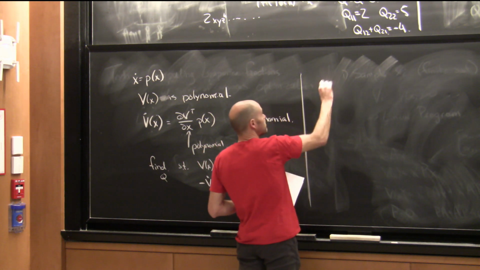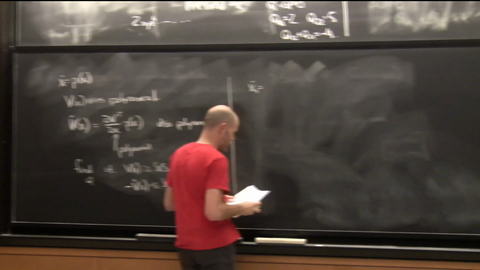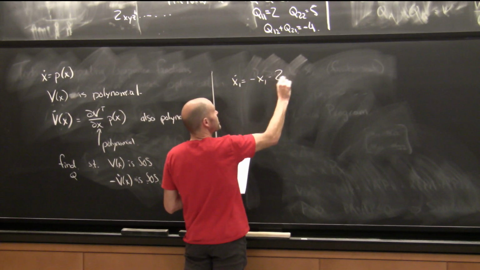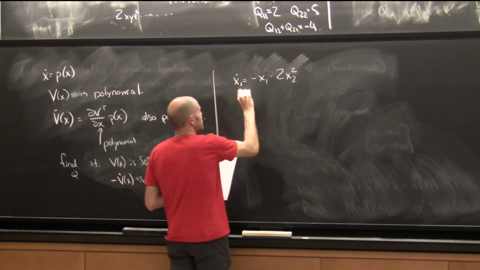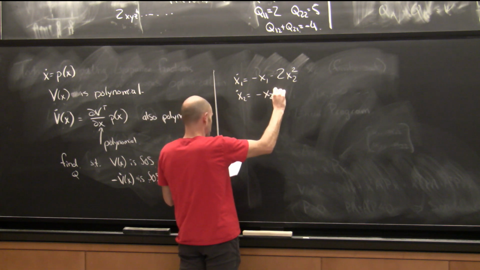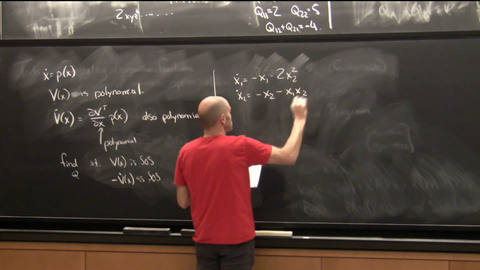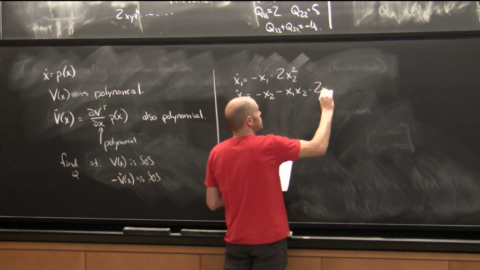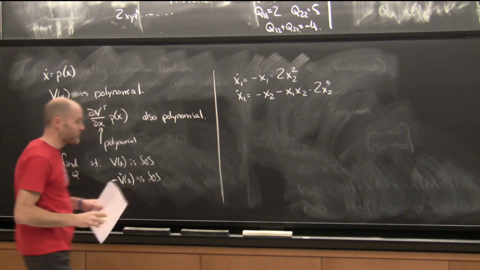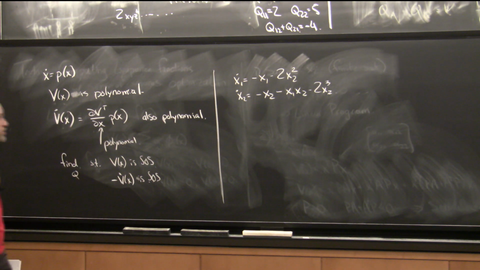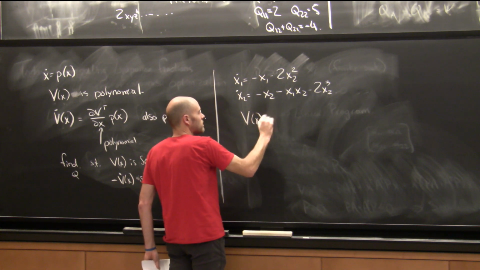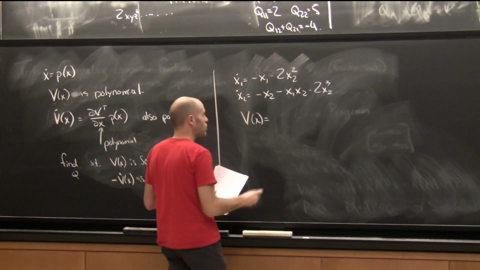Here's a polynomial vector field that we can show to be globally stable, that I can write on the board fairly quickly. Turns out, let me give the simplest version of it first.